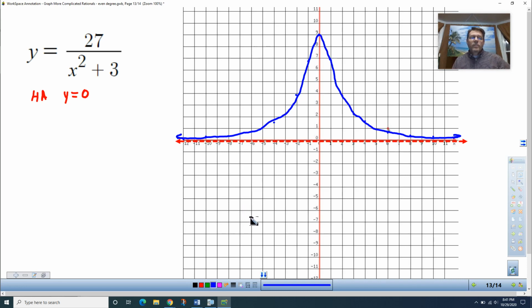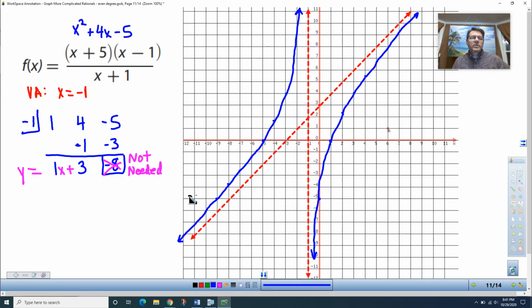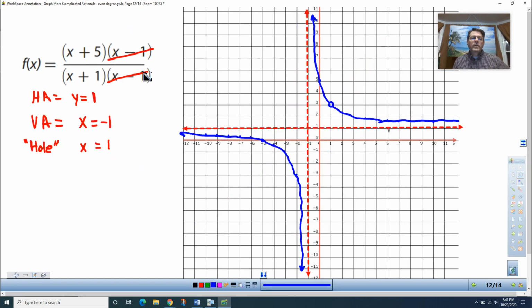So there you go. For this video, we did an example where the degree on the top was bigger, and so we got this slant asymptote after we did some division. And then our second example was what happens when our factors cancel or reduce to one.